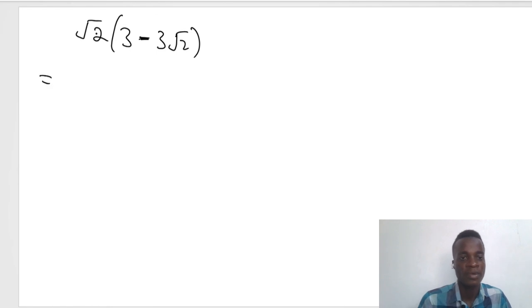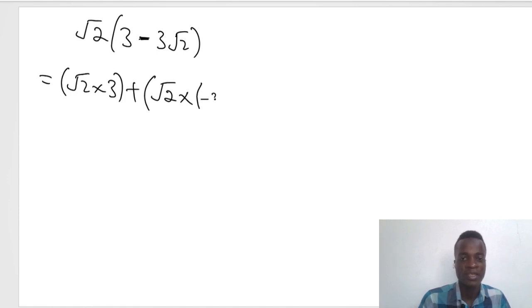So for that, we have root 2 multiplying 3 plus root 2, right? Multiplying what? This is what? Negative 3 root 2. Remember that. We said when you are doing multiplication, you multiply by a term.